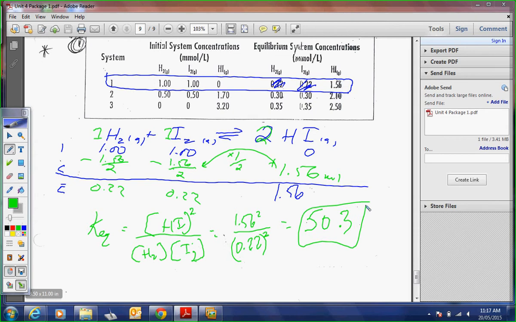And you should get approximately 50 for all of these. Even though they're all different concentrations, the same equilibrium constant. The quotient is the same. The numbers are different, but the quotient is the same.